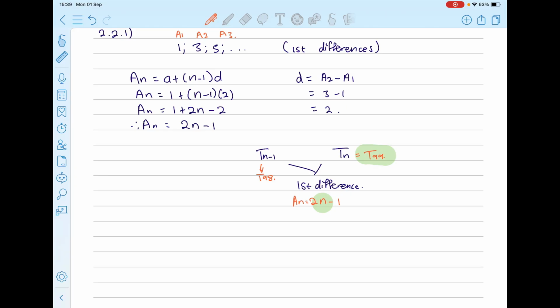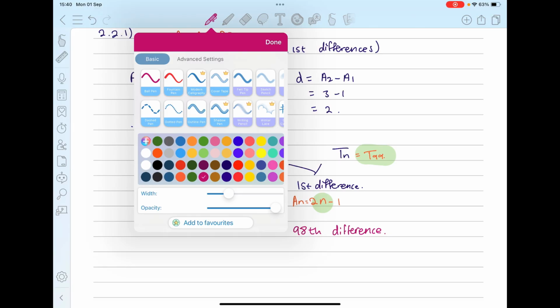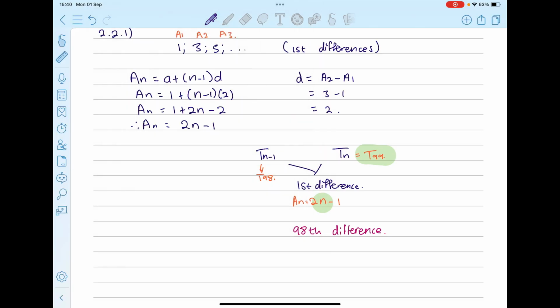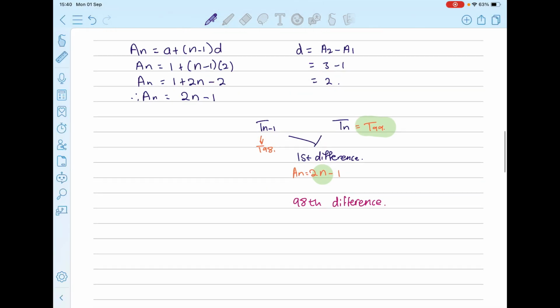So that means this first difference that we're looking at for T99 and T98 will be the 98th difference, because it's between 99 and 98. It can't be the 99th difference because that will be between T100 and T99. I hope you get the picture. Okay, so now that we know the value of n, we can substitute it and then solve for T98.